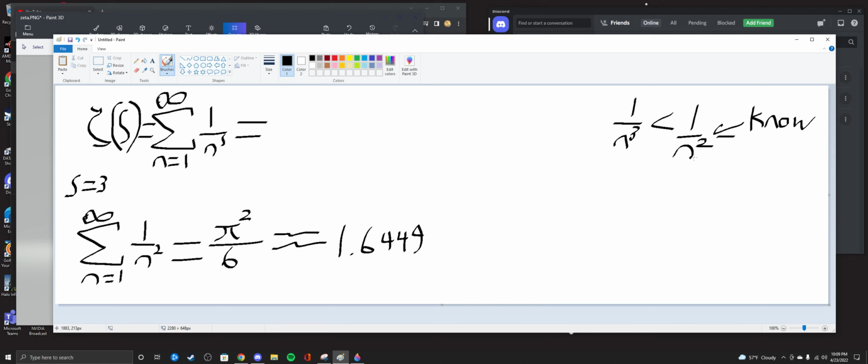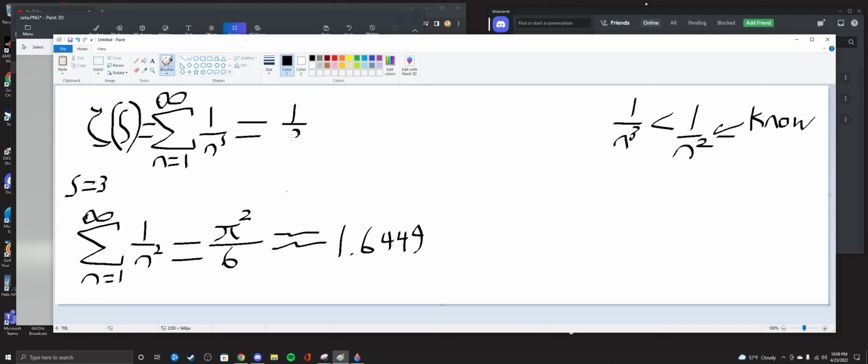So now, what we're essentially trying to find is how much less, and that's going to be the crux of what I do. The first thing I want to do is write out a couple terms of 1 over n cubed. I'm going to skip 1 because that's trivial.